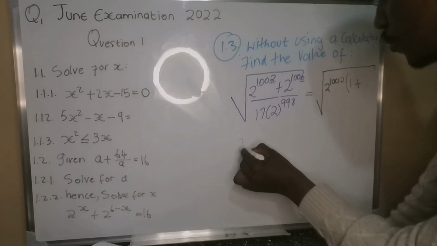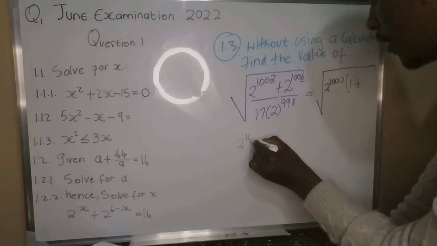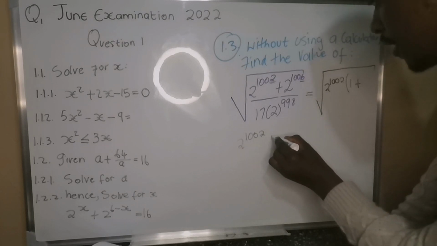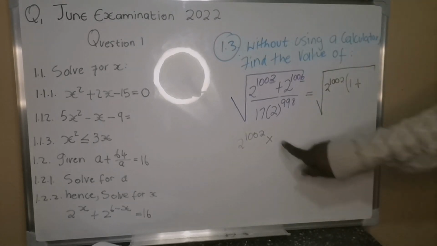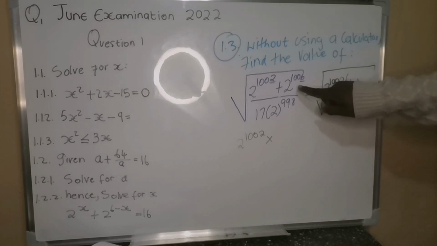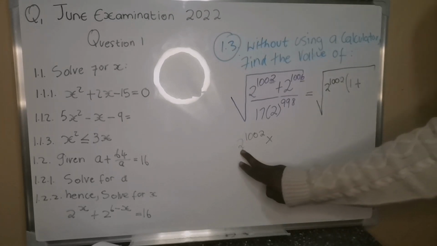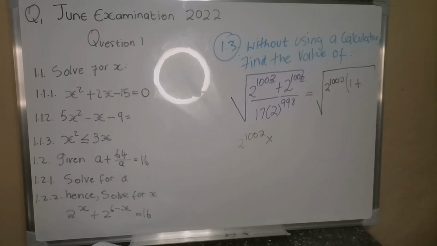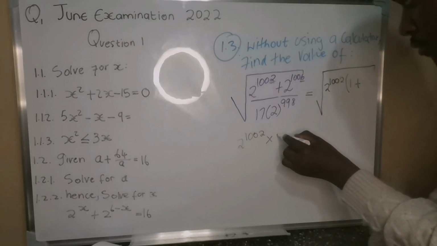Basically, which term can I multiply with 2 to the power 1002 to give me 2 to the power 1006? Now, since I'm multiplying, I'm expecting to add my exponents, and therefore my bases will be the same.